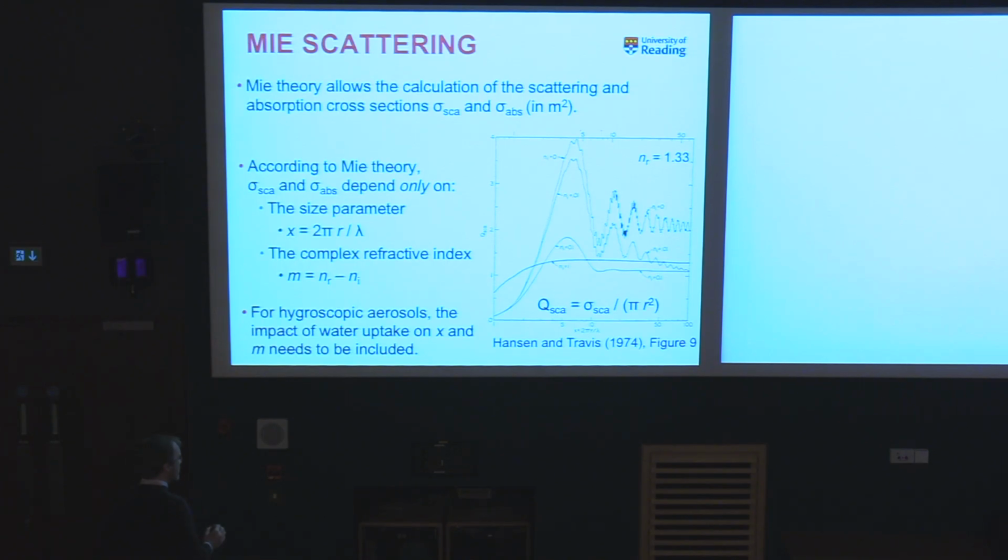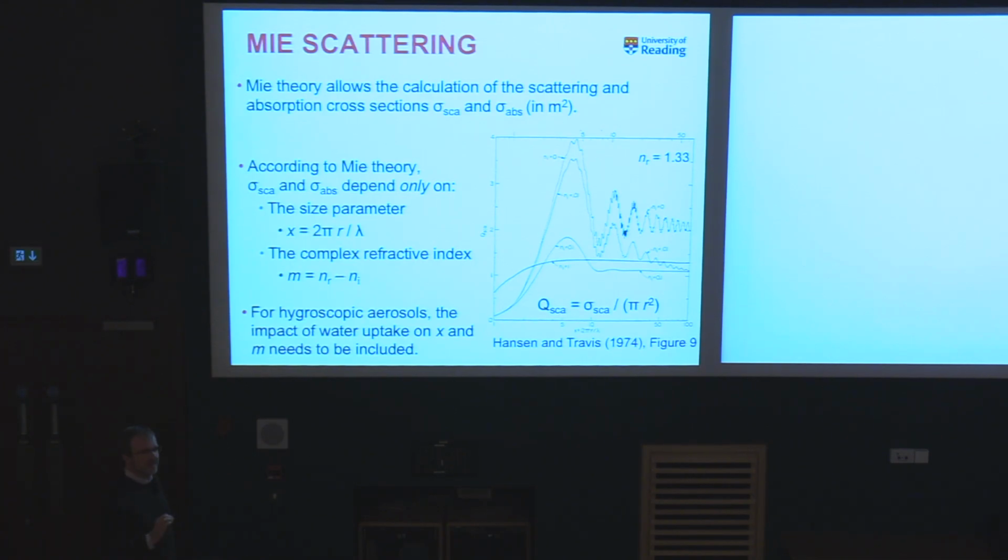So the key result that Gustav Mie got with his theory is that those cross-sections only depend on two parameters. The first one is called the size parameter, which is essentially the ratio between the size of the particle and the wavelength of the radiation. And the second is the complex refractive index, so that's a complex number, with a real part and an imaginary part.